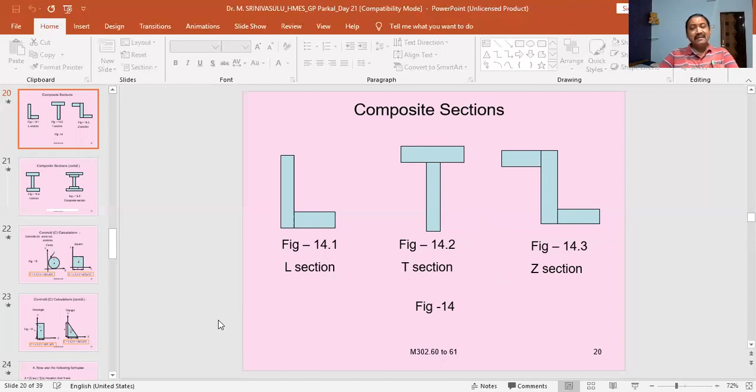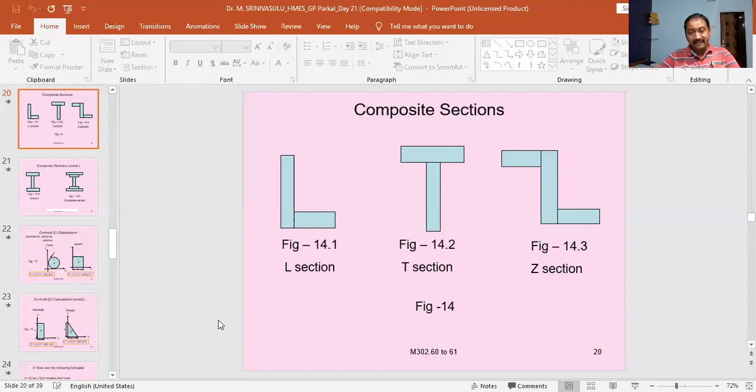Here the L can be divided into two standard areas: one is the vertical rectangle and the second is the horizontal rectangle. The T can be divided into two rectangles: one horizontal and one vertical. And the Z section is a combination of three rectangles: two horizontal rectangles and one vertical rectangle.